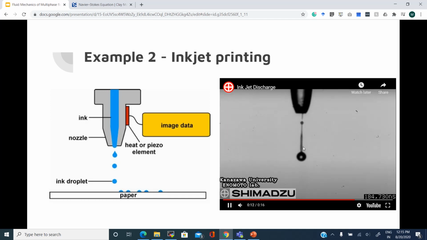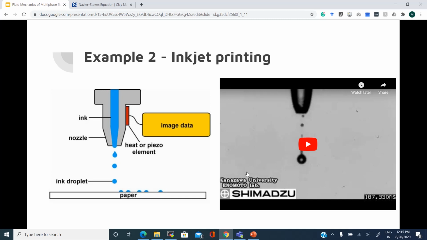You can see that following this drop there are some small drops which are undesirable, which will fall on the paper, thus creating a bad quality print. But still we'll have to deal with this because we have no other option. People study this and they try to minimize the trailing drops.